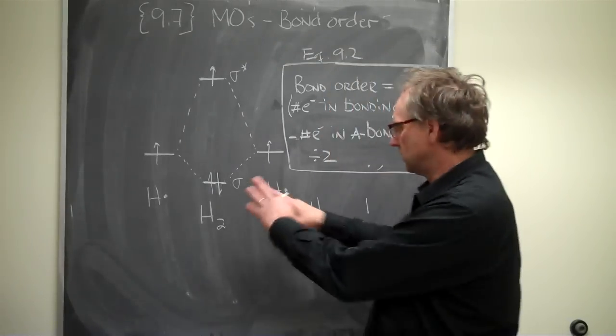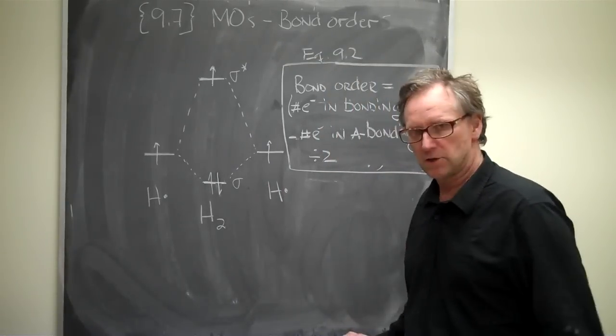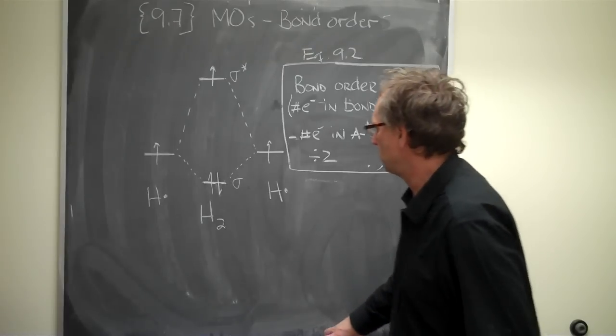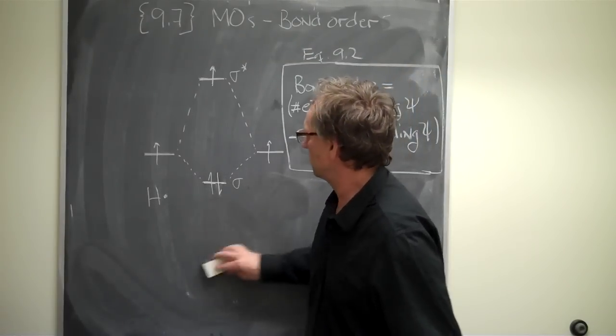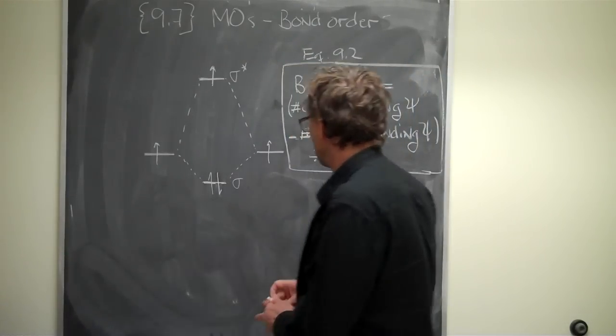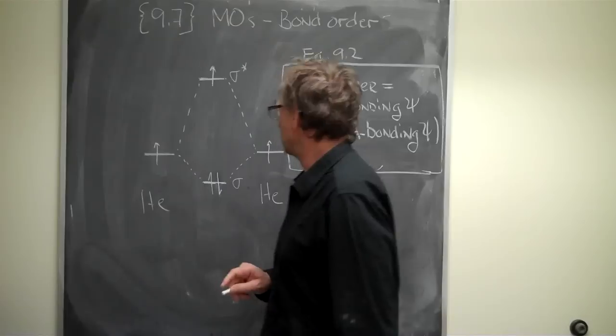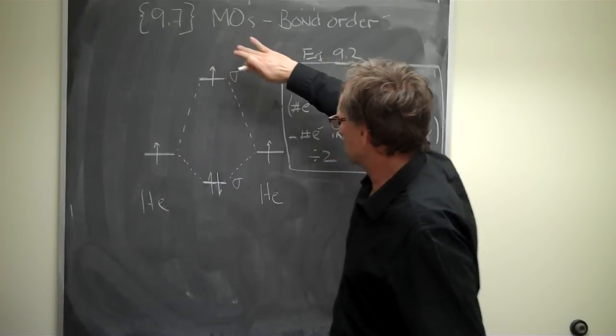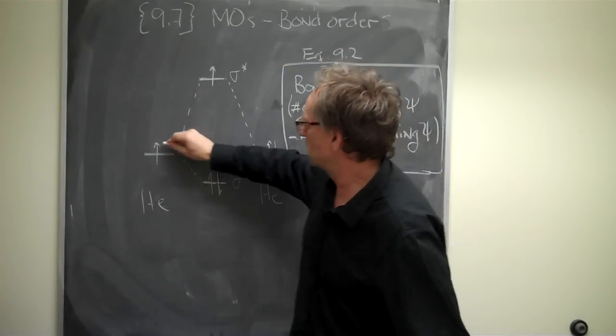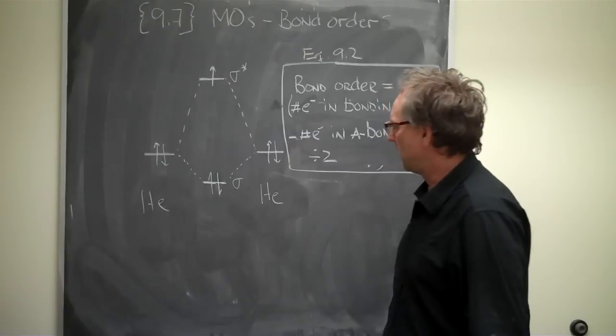Now I know that I've drawn this picture for H2, but it would look the same. Maybe the numbers will be different, but if I have a molecule like helium, He, helium has 2 electrons, so it goes something like that.